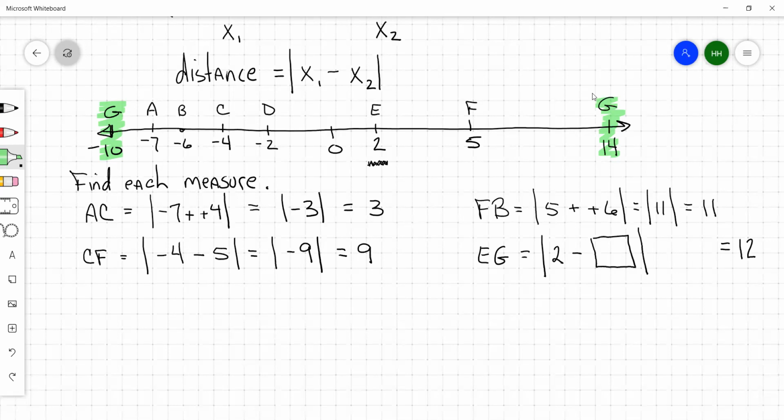Okay, so now we're going to move on to the distance formula on the coordinate plane.